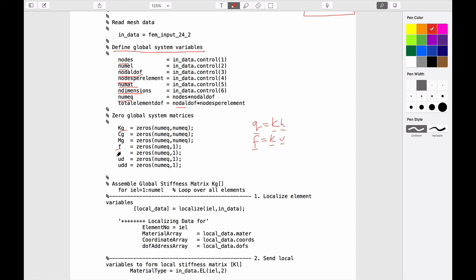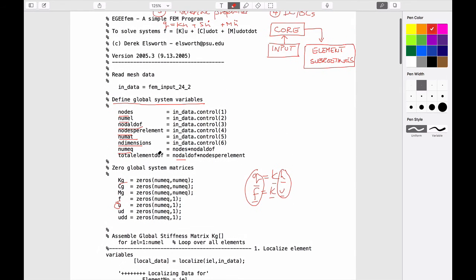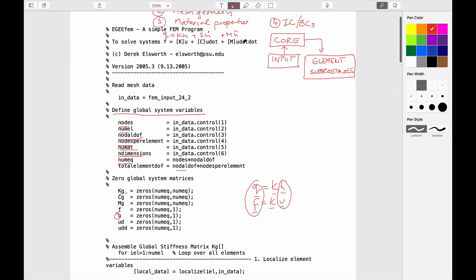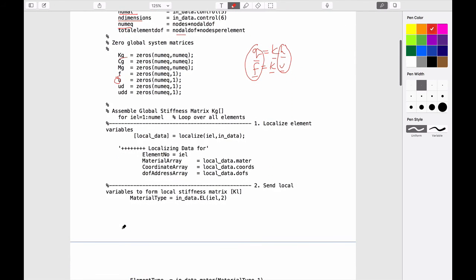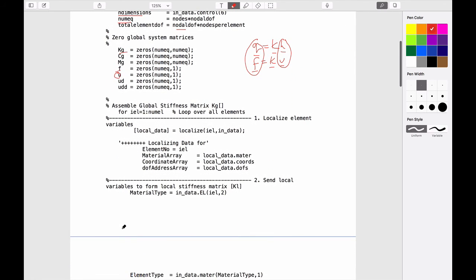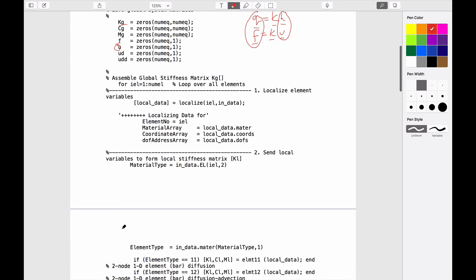And so forces are fluxes. Displacements are heads, just by convention. And this is U dot, and U double dot, just by terminology. What else? Okay, so that's kind of setting up the problem.